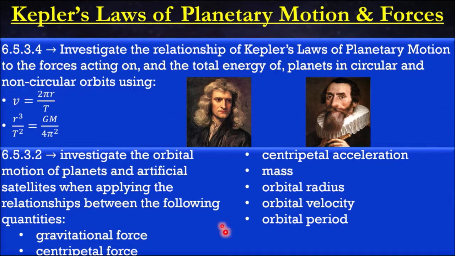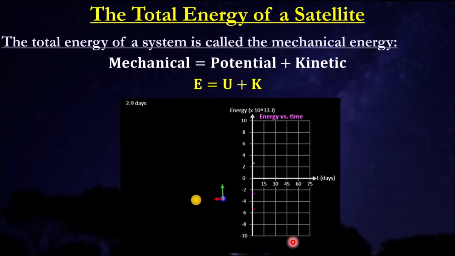Whilst we're going through that, we're also going to quickly go through the effects of centripetal acceleration, orbital radius, period and velocity on the rotating object. So let's have a look.